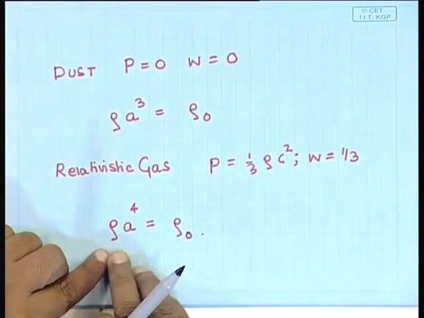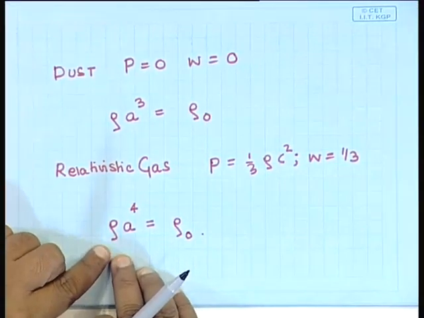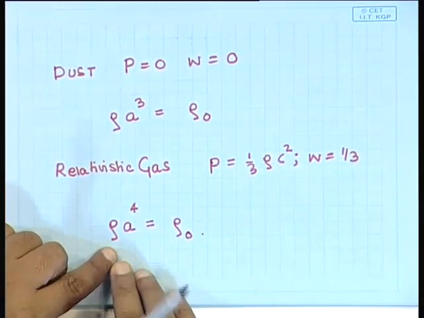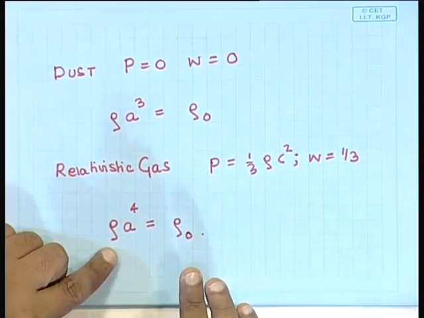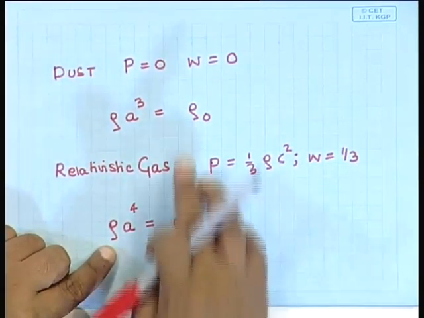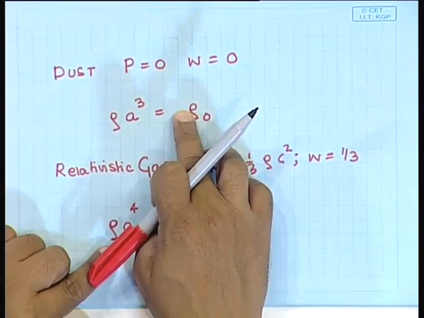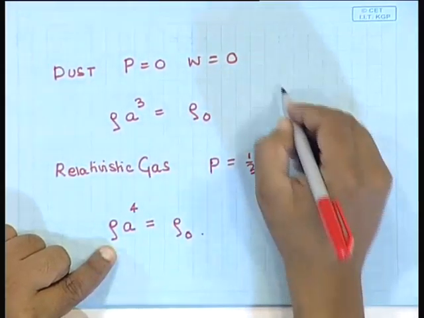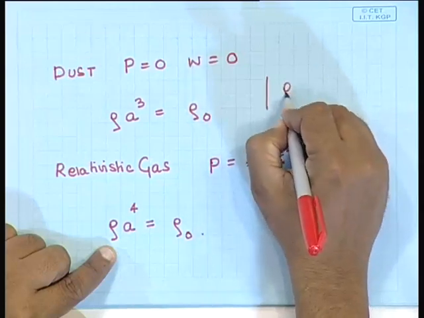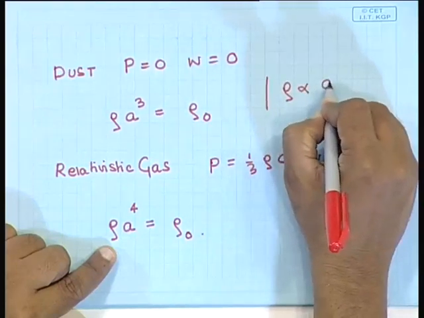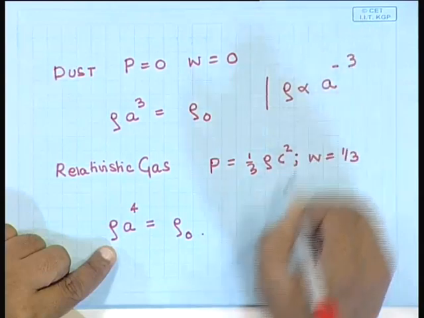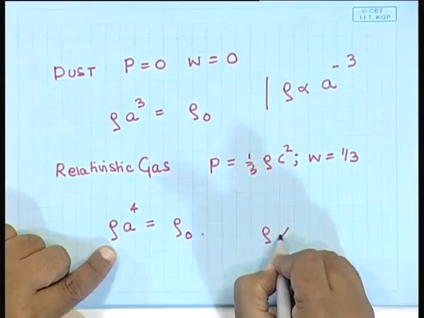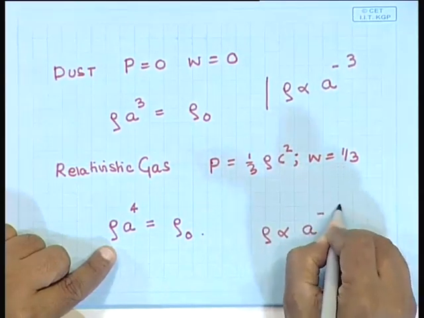Now, as the universe expands, the density does not fall as 1 by A cube, it falls as 1 by A to the power 4. Which is it, faster or slower than this? The density here falls as A to the power minus 3. Here the density falls as A to the power minus 4.